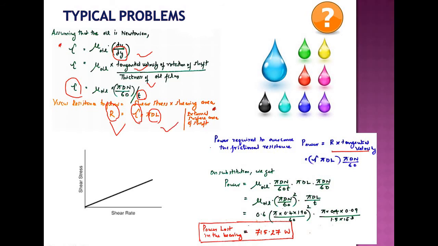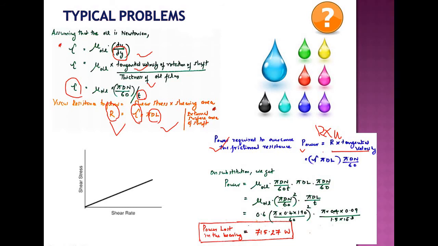So what is the power lost? We need to estimate the power required to overcome the frictional resistance, or power lost. We know power is always viscous resistance into tangential velocity of rotation. You should understand this. R, that is the viscous resistance, multiplied by U, that is the tangential velocity of rotation of the journal.